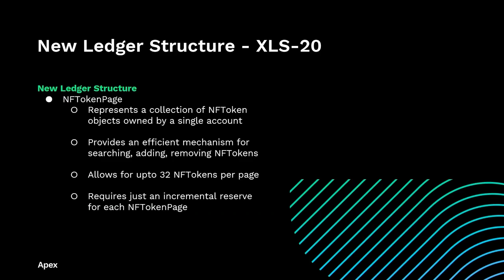And this is a new data structure. It provides an efficient mechanism for searching, adding, and removing tokens. Each page allows for up to 35 NFTokens, and there is an incremental reserve associated with each NFTokenPage for an account.